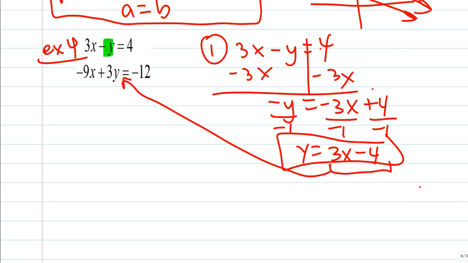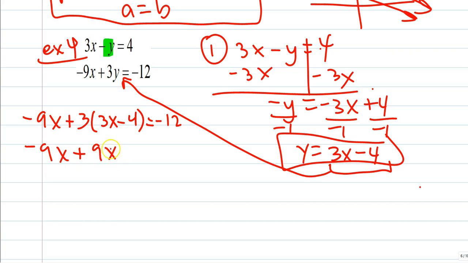Okay? So if I substitute that into the other equation, I get negative 9x plus 3 times, what's y? Equals negative 12. Negative 9x, distribute, plus 9x minus 12 equals negative 12.